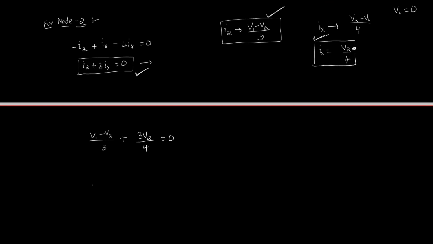By taking LCM, we obtain 4V1 minus 4V2 plus 9V2 equals 0. So this becomes 4V1 plus 5V2 equals 0. This is our second equation from the second node.